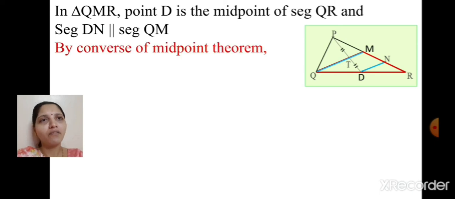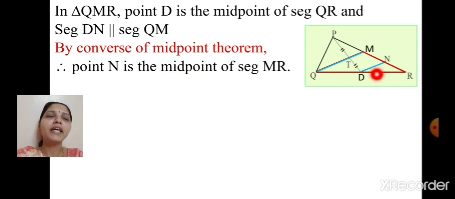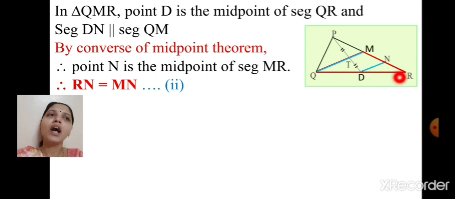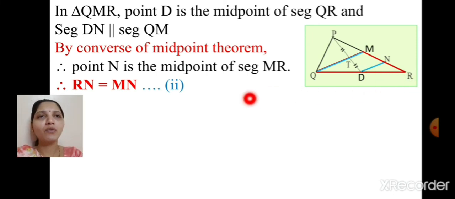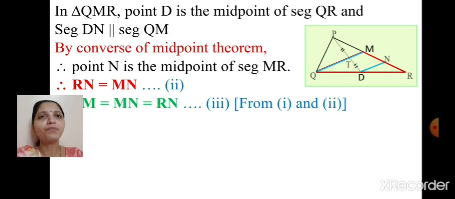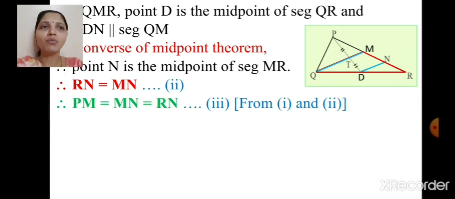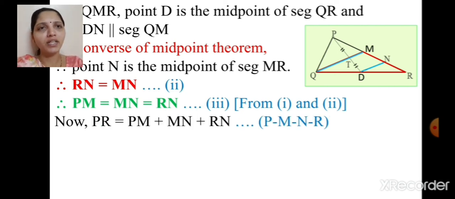So we can write here, by the converse of midpoint theorem, point N is the midpoint of seg MR. That means MN is equal to RN. Okay. Write this as equation 2. Now here from equation 1 and 2, what you can write here? PM is equal to MN is equal to RN. Okay. Write this as equation 3.